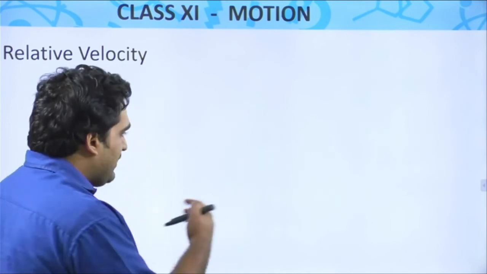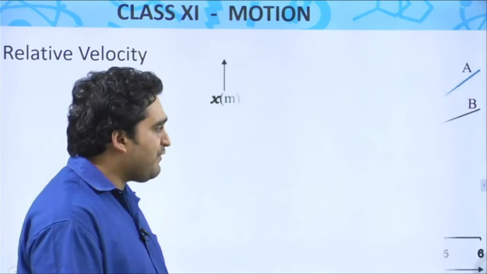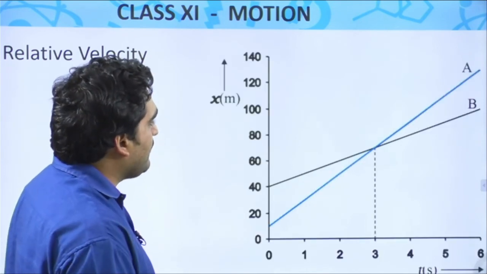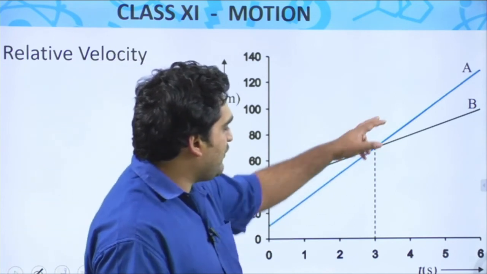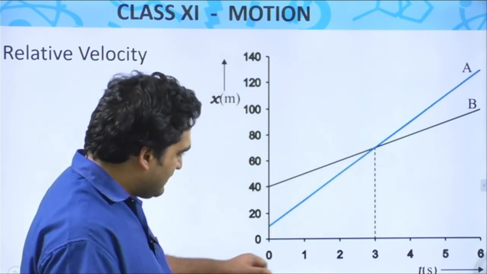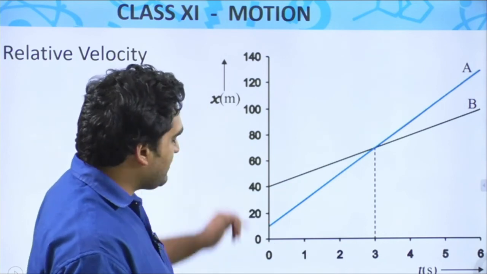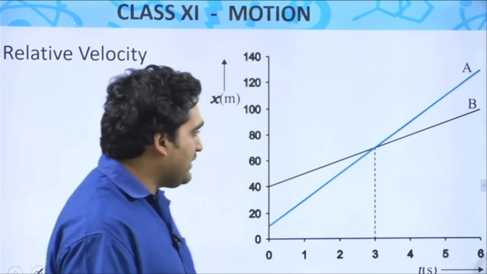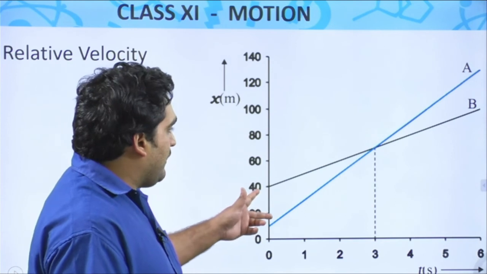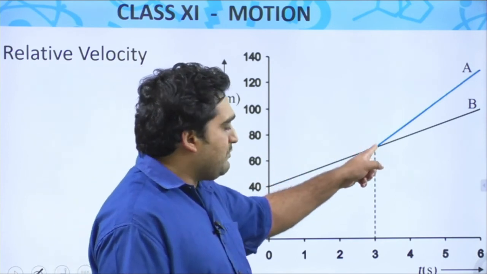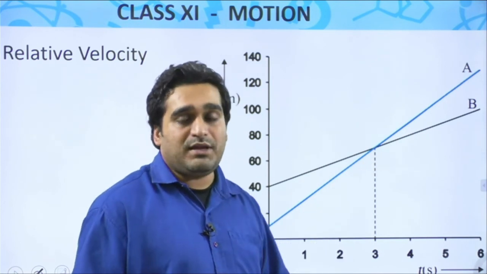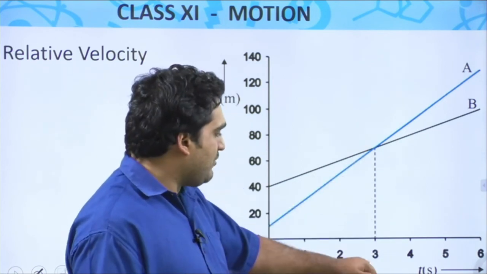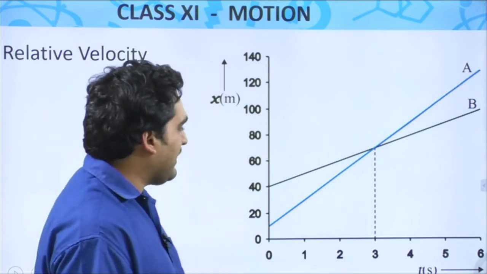So how do we interpret this using a graph? For train A and train B, in the same type of graph with x on one axis and time on the other, they both intersect at a single point, meaning they both meet at a single point, which is at time 3 seconds.